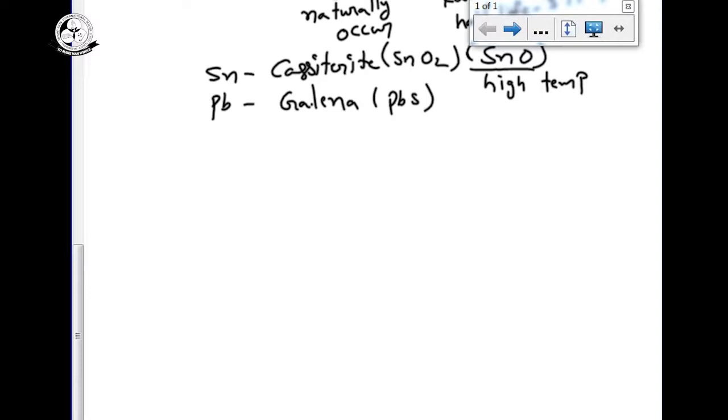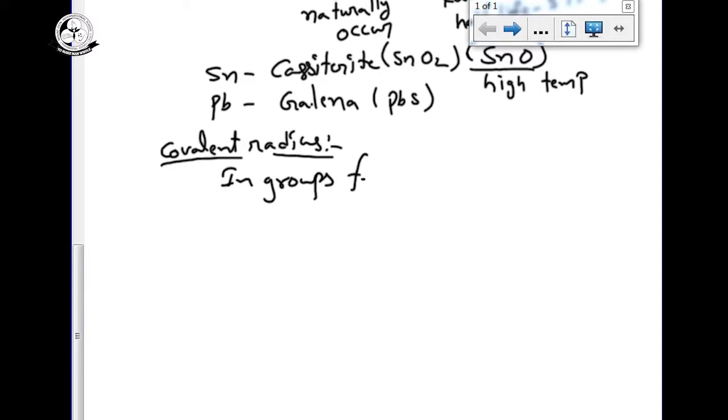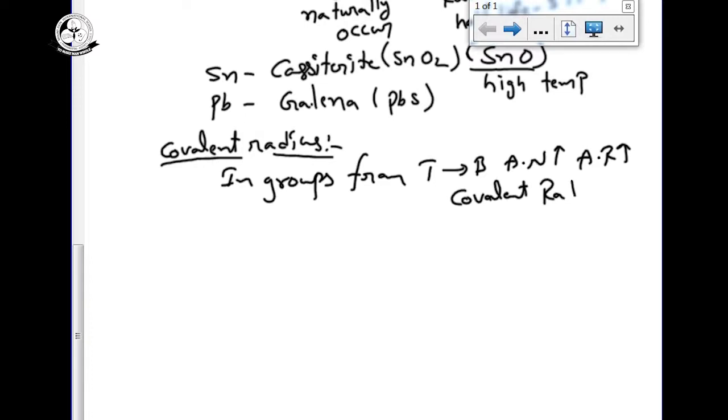Next property is covalent radius. Generally, in groups from top to bottom, as atomic number increases, atomic radius also increases, and covalent radius also increases.